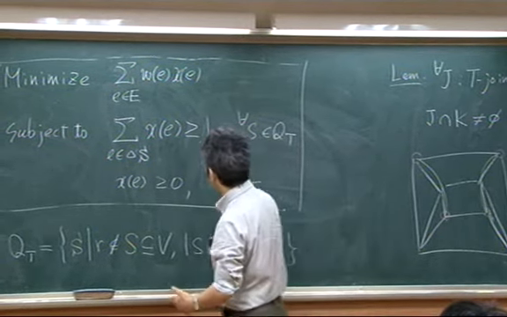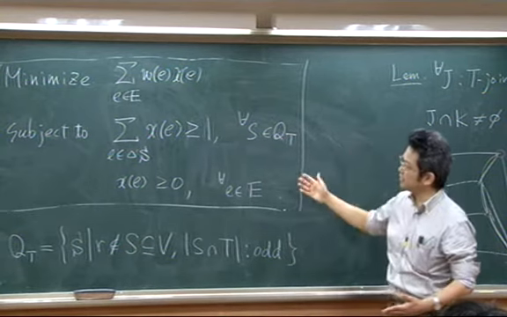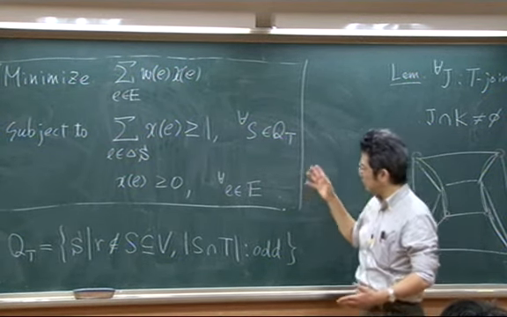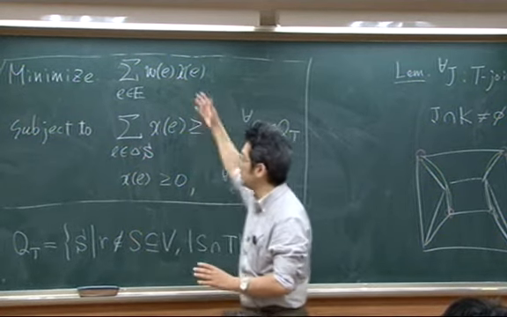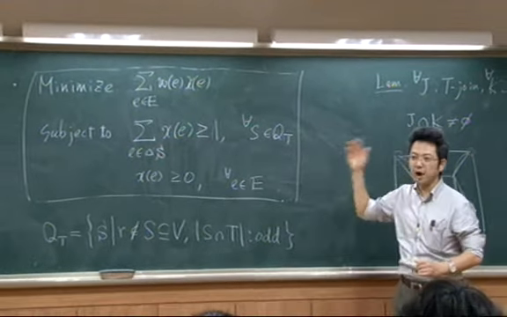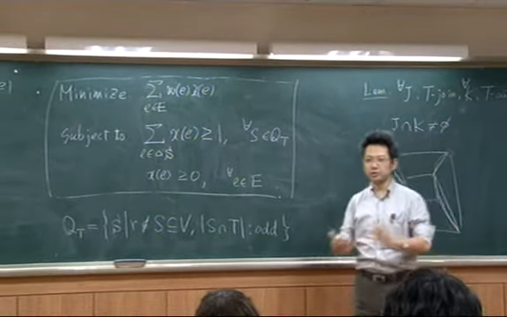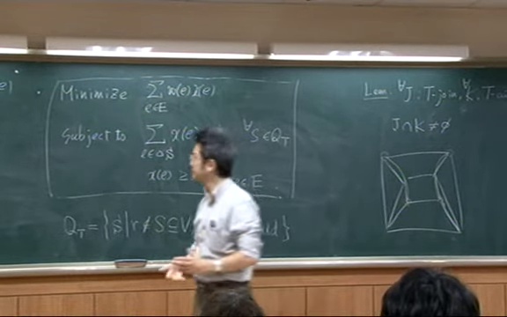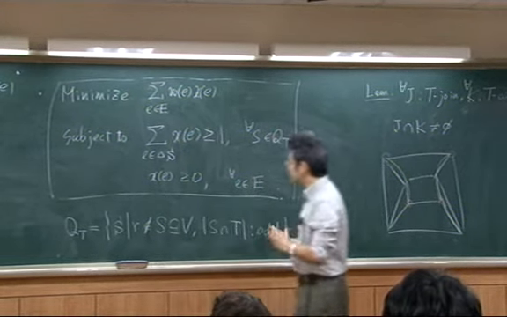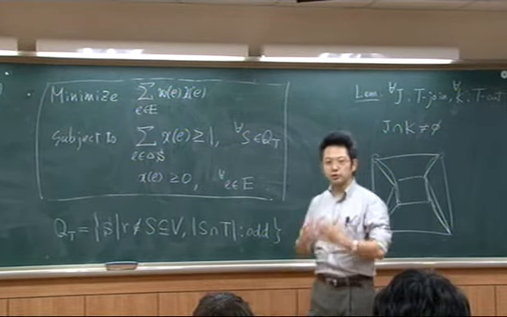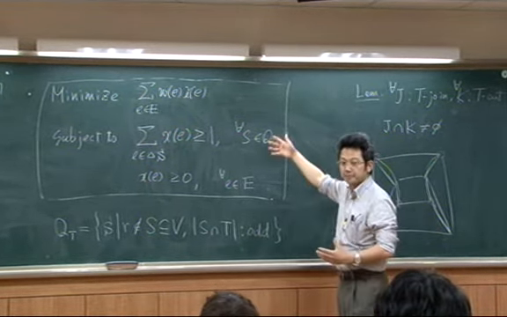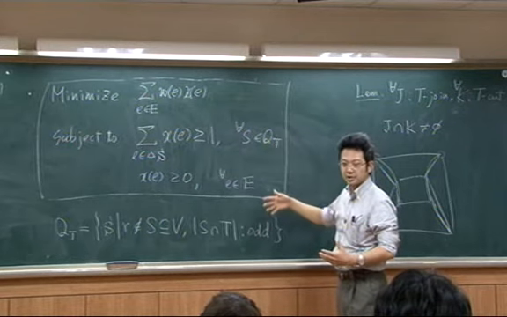But the point here is that if you forget about the 0-1 constraint, then this LP also gives you an optimal solution for this combinatorial problem of finding T-joins. To do so, they describe a primal-dual algorithm to solve this LP.